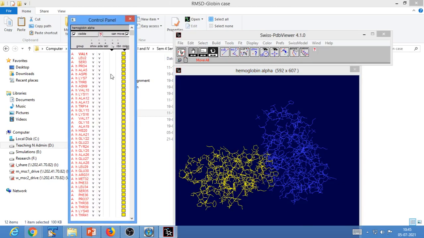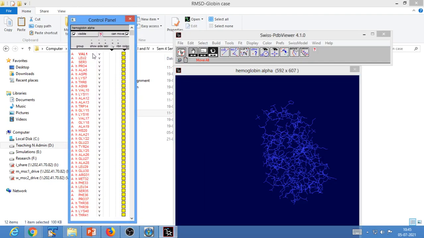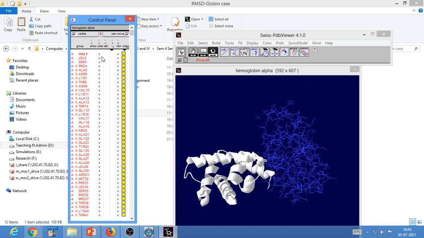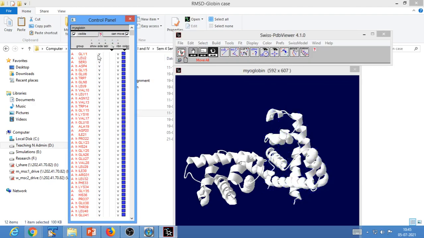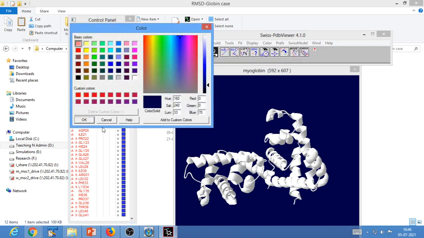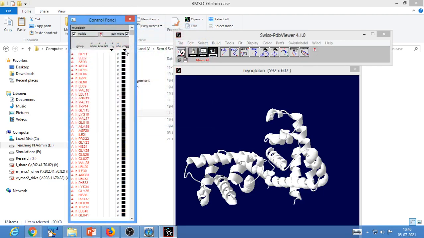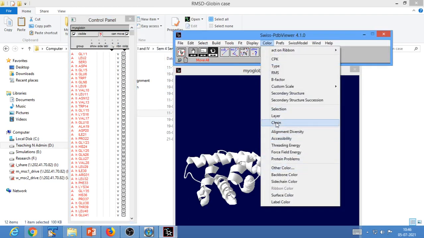Okay, well, now let me color by ribbon. Okay, and let us color by chain.